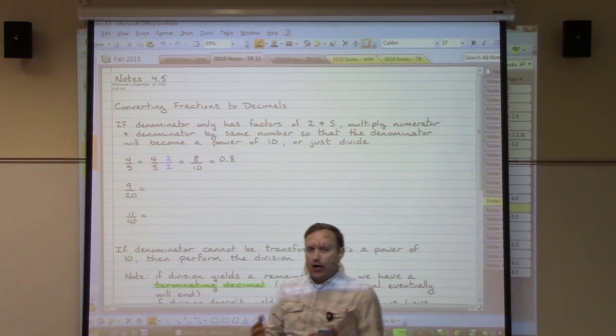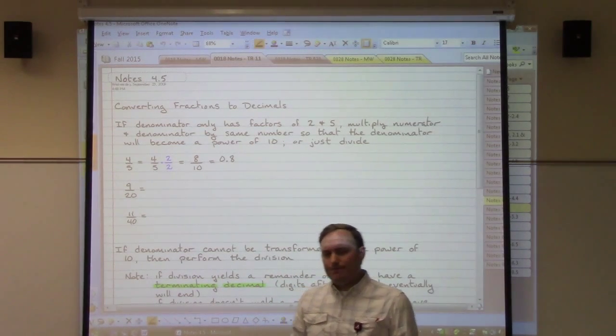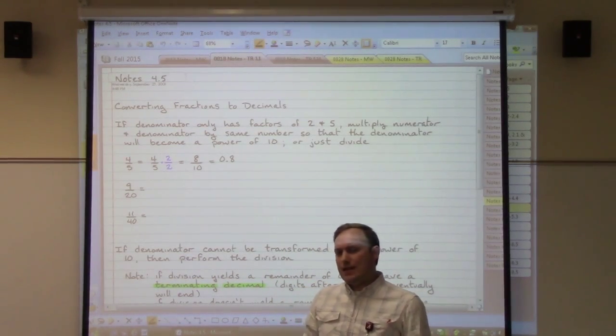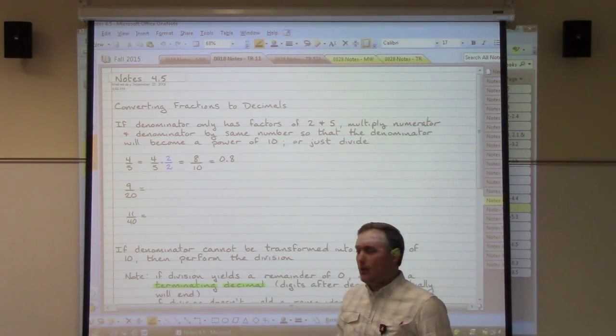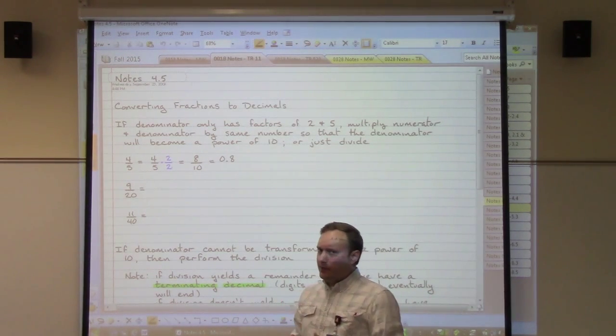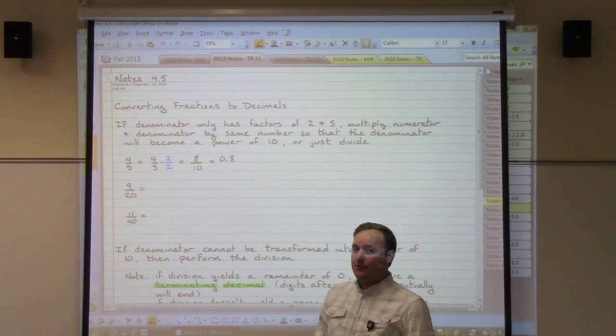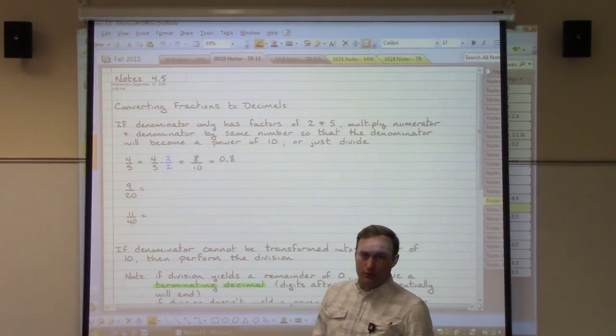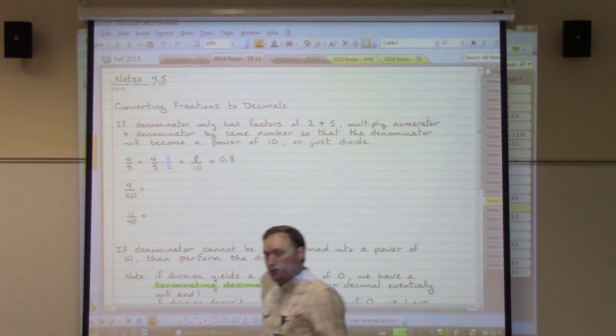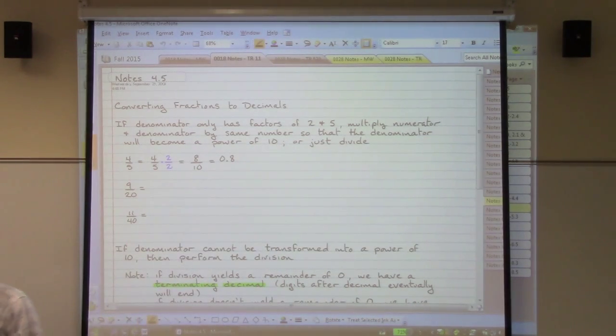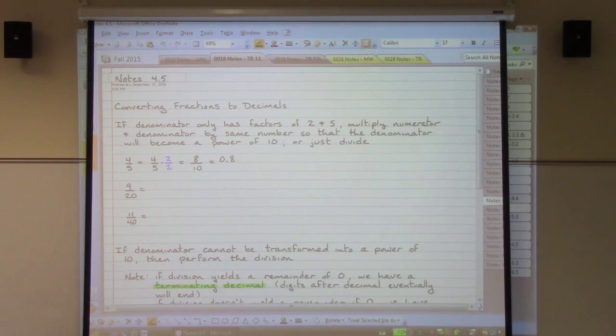In the next fraction, I have the number 20 in the denominator, which means that I've already passed that first nice denominator of 10, which means that I'm going to try to take the 20 and turn it into the next nice denominator after a 10, which is 100. In order to turn a 20 into a 100, I multiply by 5.